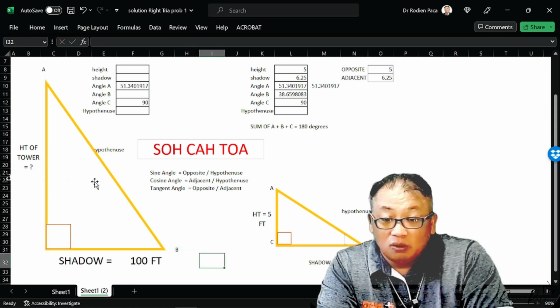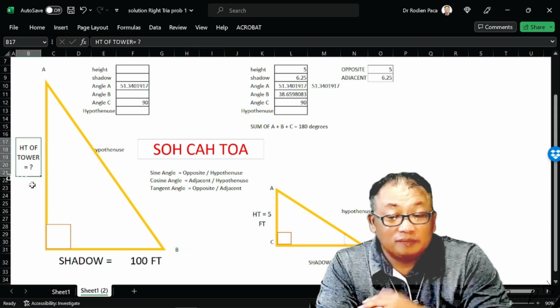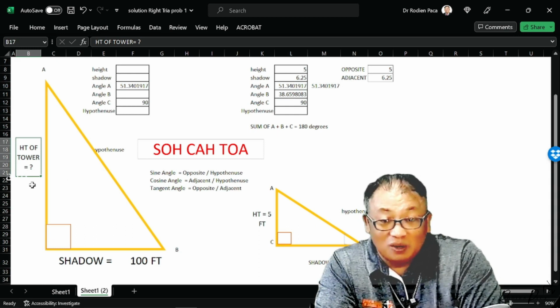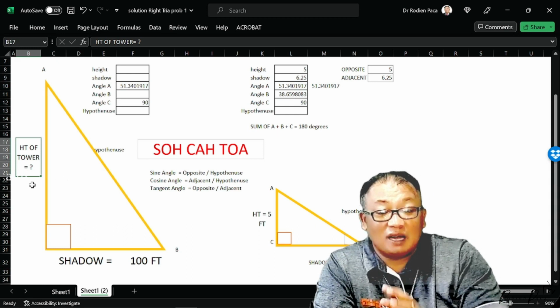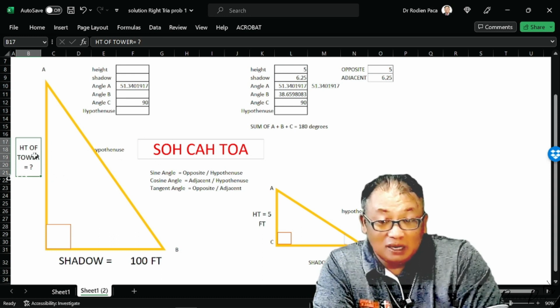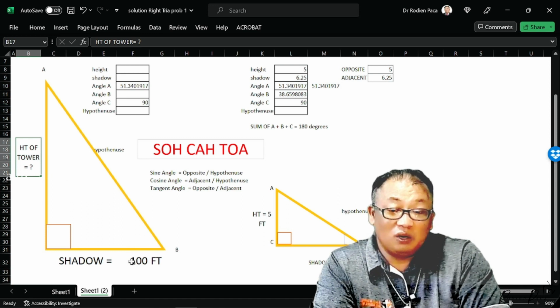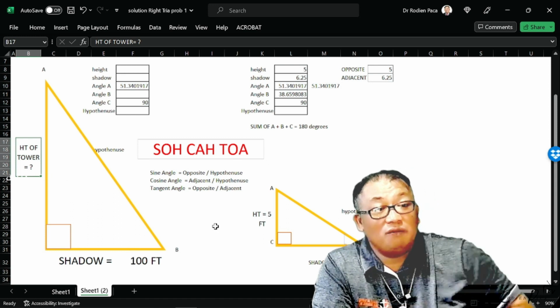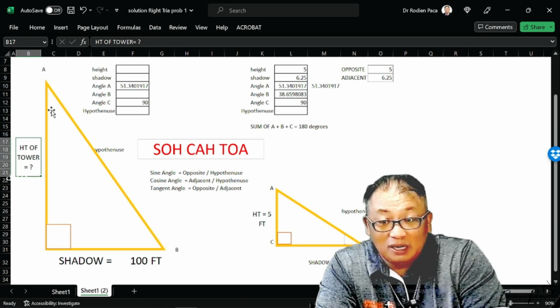Now, what is missing is the height of the tower, which is adjacent. The adjacent formula, opposite over adjacent, will give you another, and you already have the angle.